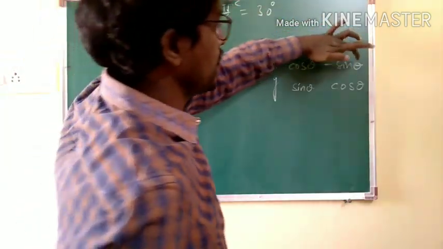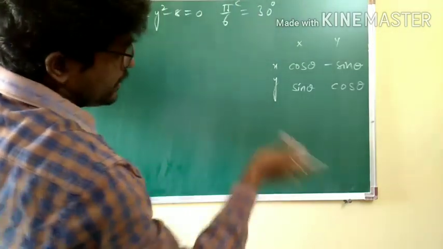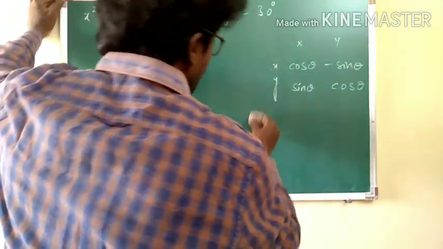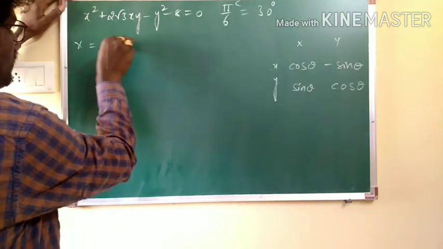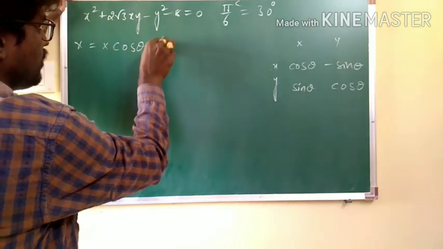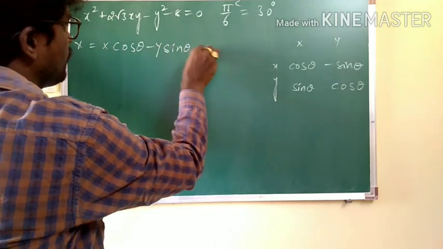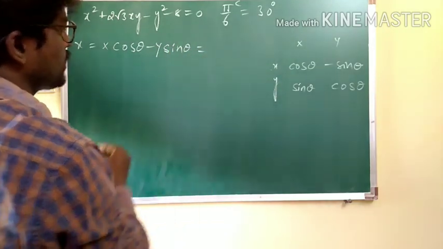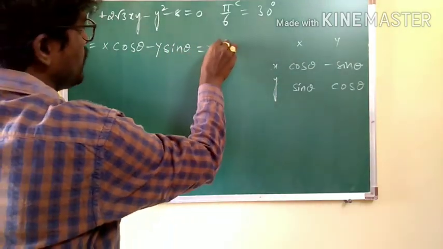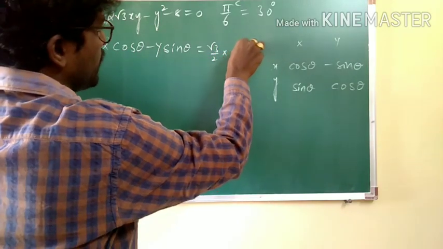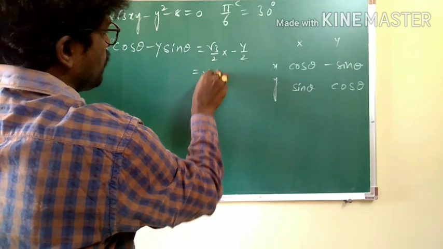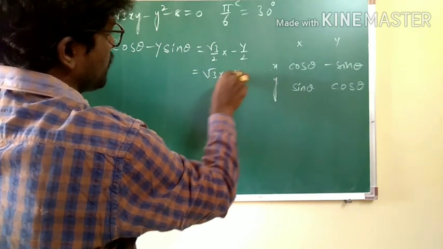So cos theta, minus sin theta, cos theta, as I have been telling you, routine. First we have to calculate x, which is x cos theta minus y sin theta. What is cos 30? Root 3 by 2. So root 3 by 2 X minus Y by 2, that is root 3 X minus Y by 2.